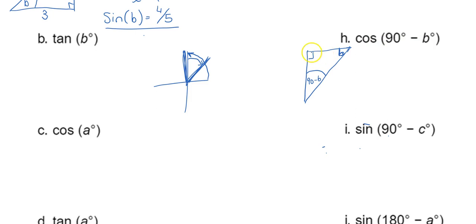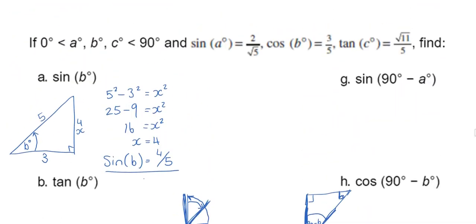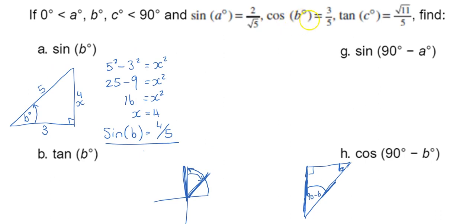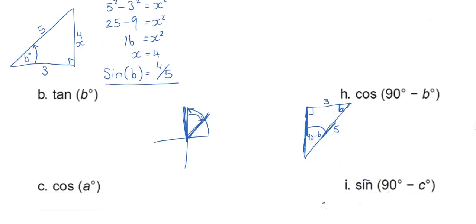So we want to find the adjacent side, this side, and the hypotenuse. And we need to have a look at what information we know. So we don't know anything out of this one, but we do know something about B. We know that cos of B is 3 over 5. So the adjacent side to B is 3, and the hypotenuse is 5.